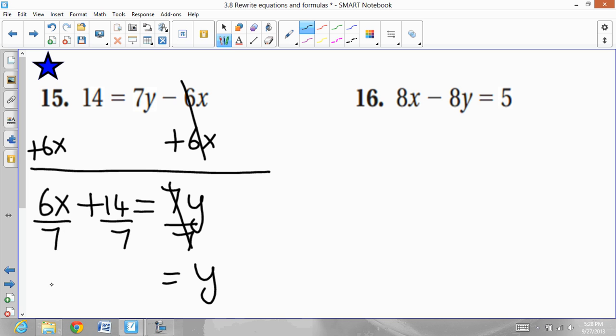And 6 over 7x, just leave it as it is. And 14 divided by 7 gives you a 2, which is the correct answer. And you have written the y as a function of x. The reason why I am leaving the 6 over 7 as a fraction is because it is not a fraction that can divide and give you a decimal that terminates.